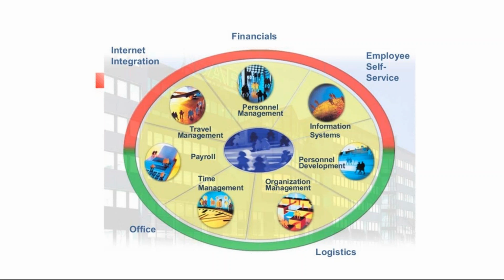It could integrate with time and travel management. A good example of travel management is Concur. Most companies use that when you want to fly from your company to, say, Chicago or Illinois. Actually, Concur has been brought over by SAP now.